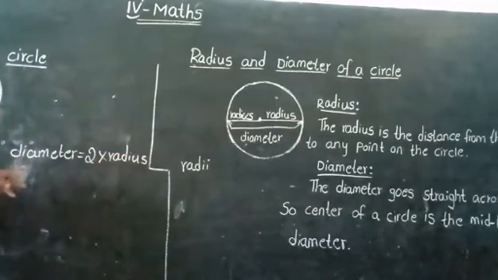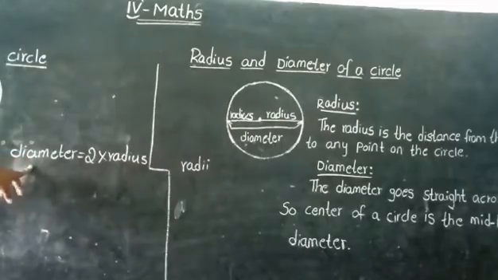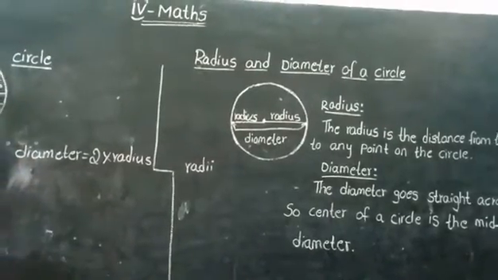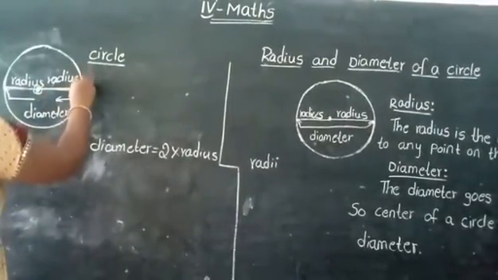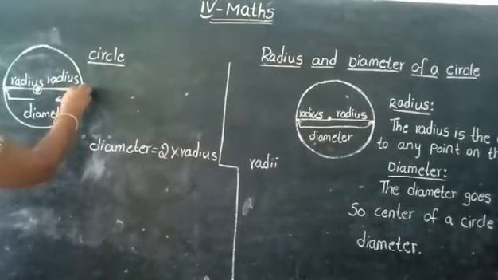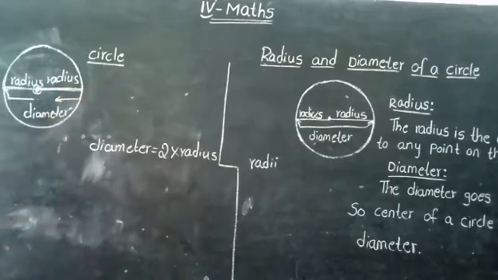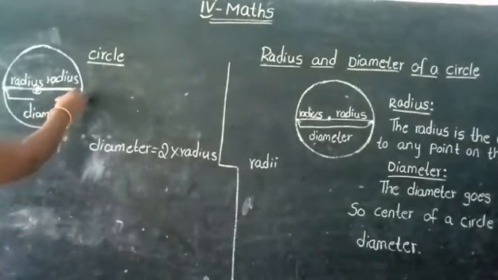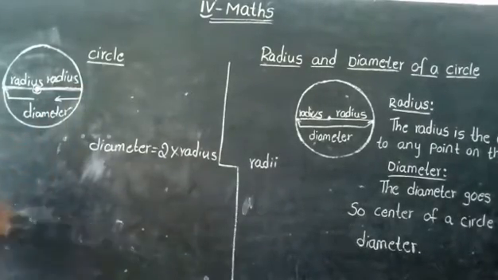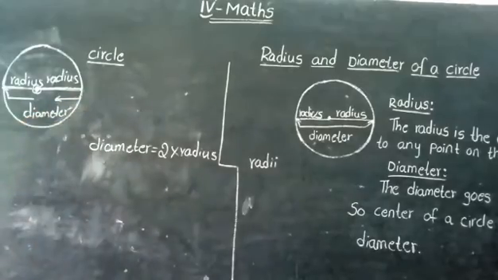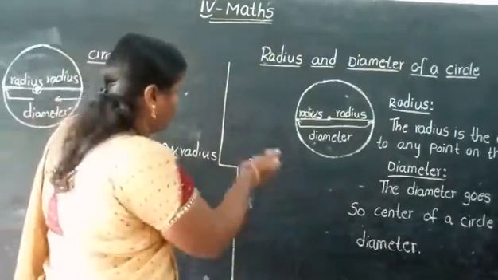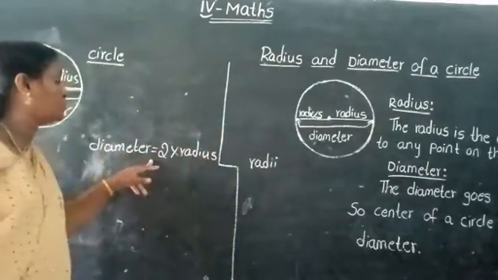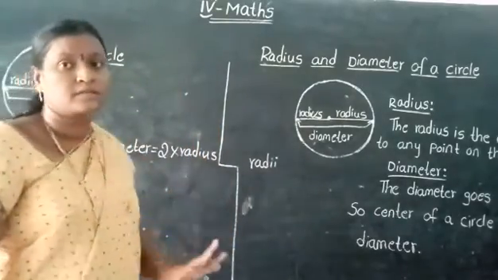What is this? Diameter equal to 2 into radius. Radius means the distance from the center point to the point on the circle here. This is the radius. The radius is the distance from the center to any point on the circle. This is radius and this is diameter. Diameter equal to 2 into radius.